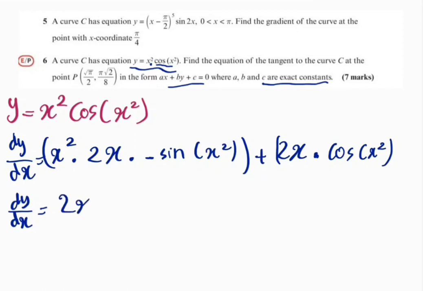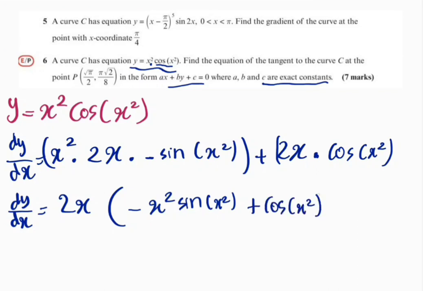So we take the factor of 2x out, so that we have minus x squared sine x squared, and plus cos x squared. There is no need for this bracket now.